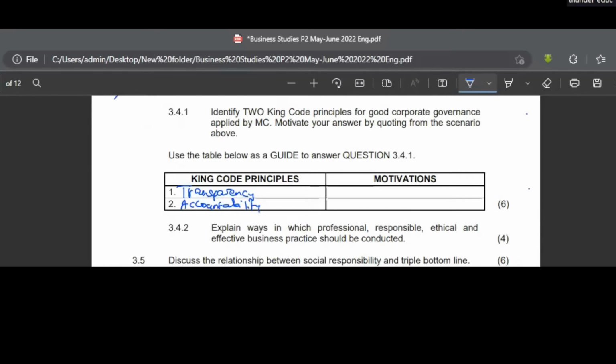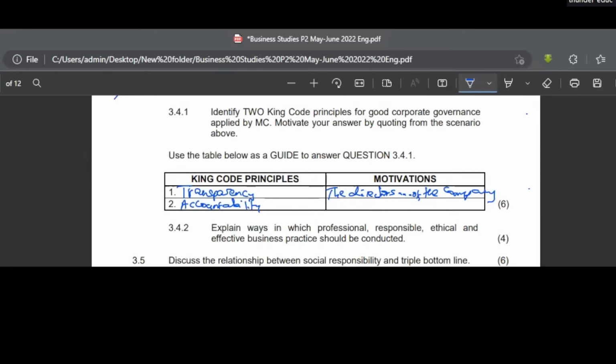Where do we see the transparency? When the directors and employees know the employment policy of the company. Remember, grade 12s, you must write this sentence in full. You shouldn't omit anything.